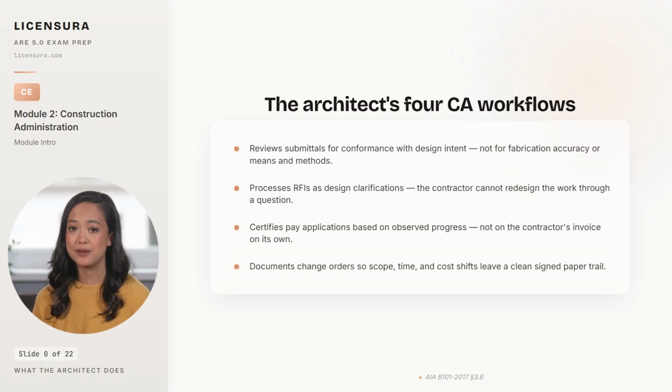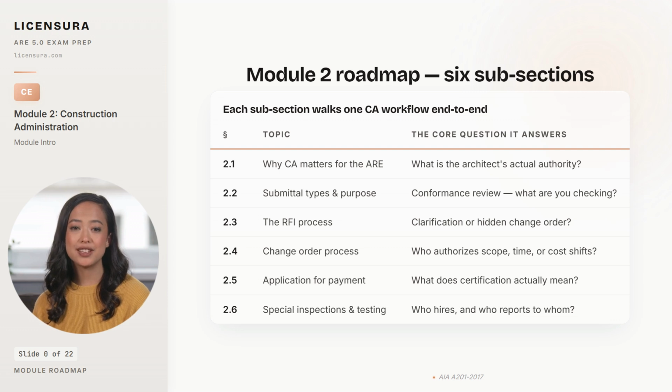Here's how the six subsections build out each workflow. Walking the six subsections in order. 2.1 defines the architect's authority in this phase.